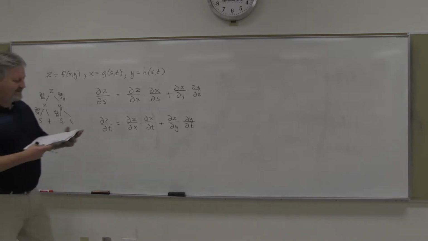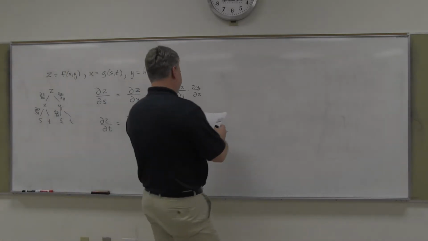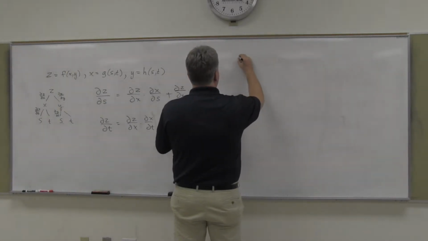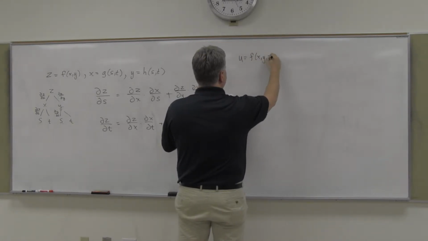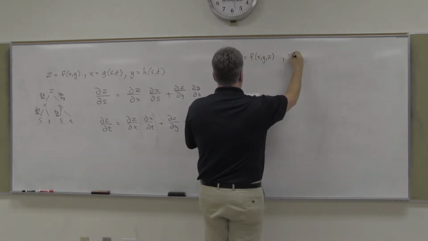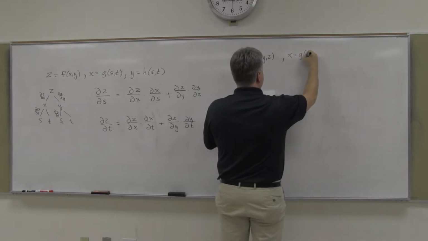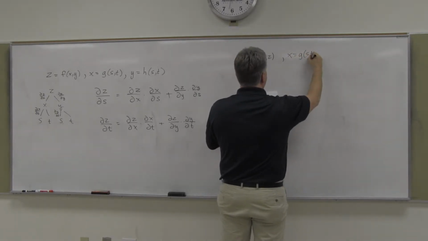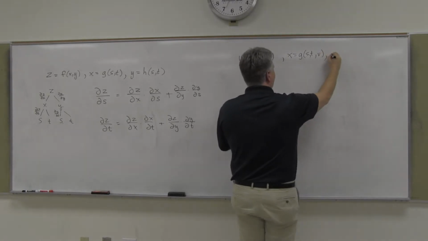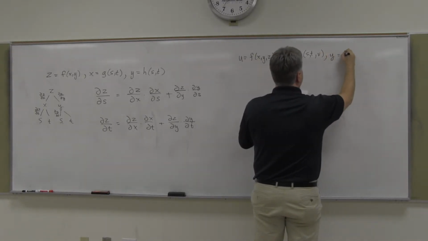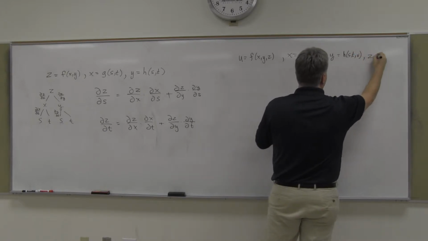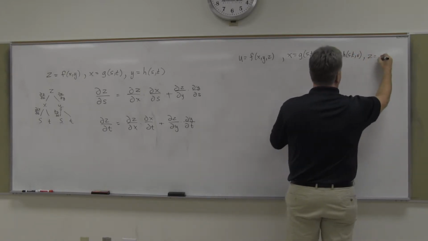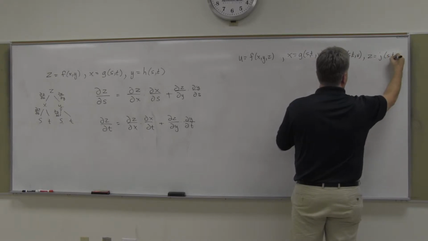All right. Now, what about this one? Let's say we've got u is a function of x, y, and z. X is a function of s, t, and v. Y is a function of s, t, and v. And z is a function of s, t, and v.